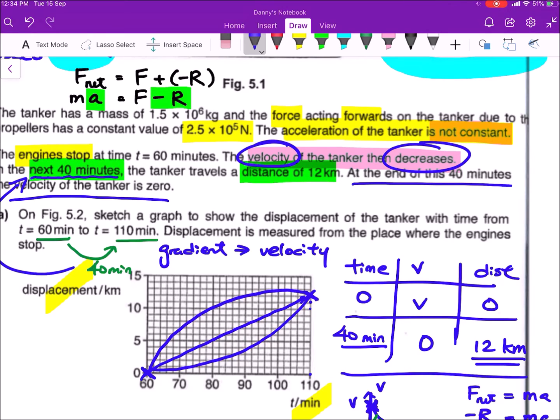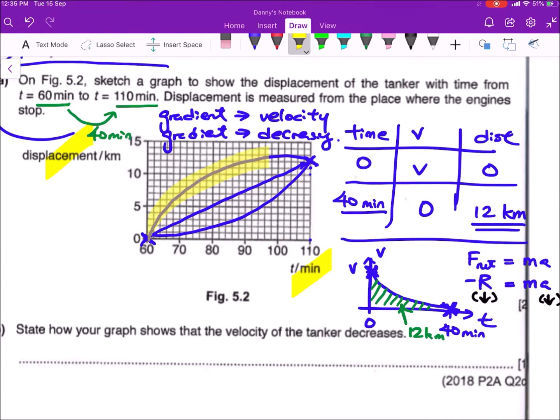This means that my gradient must also be decreasing. So if I look at these three lines, 1, 2, 3, which one gives you a gradient that is dropping? If I look at the center line, this one is a straight line, gradient is constant, so that is not what we want, so we do not choose this.